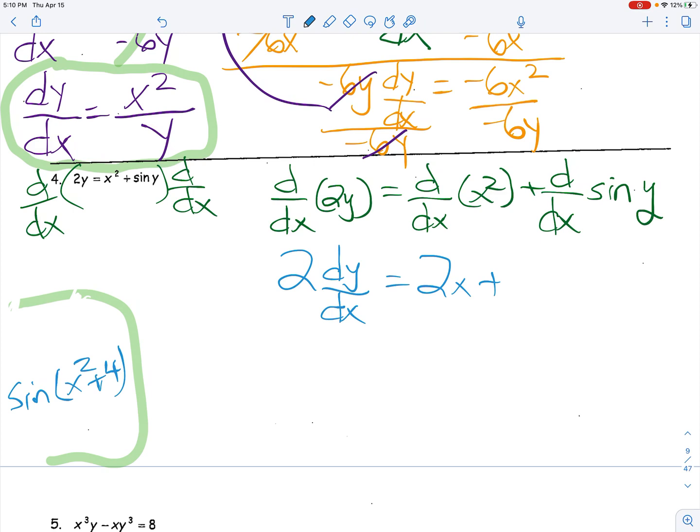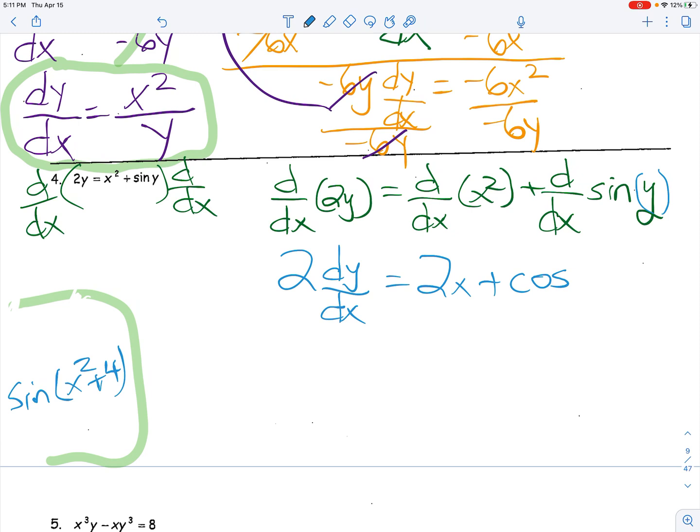Derivative of the outside evaluated at the inside multiplied by the derivative of the inside. There's a chain rule, people. Gotta do a chain here.